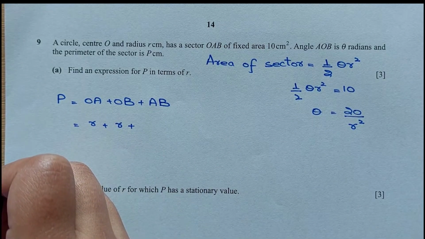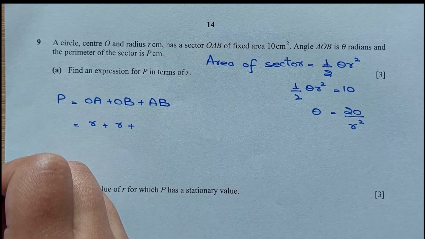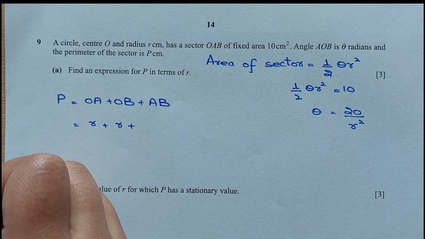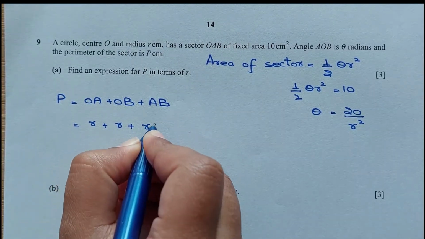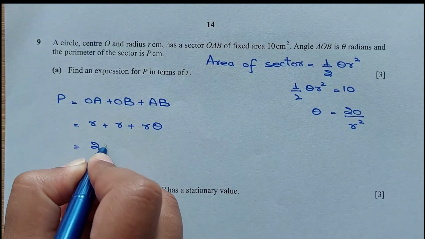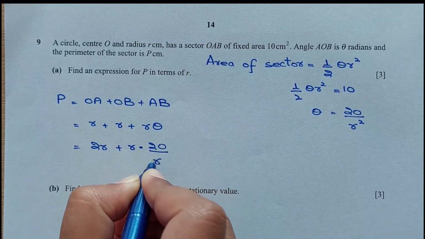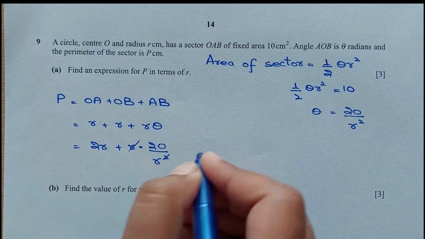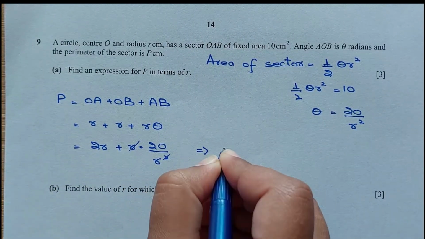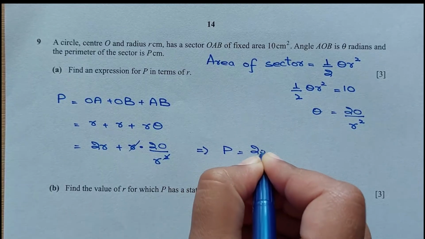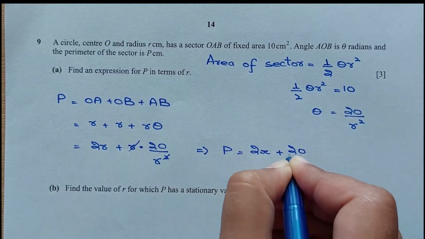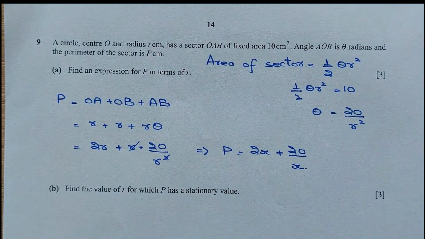AB is the arc length, and the formula for arc length in terms of radian is just r theta. So we have 2r plus r times theta, which is 20 by r square. So this r is cancelled with this r. So the perimeter is 2 times radius plus 20 by radius.